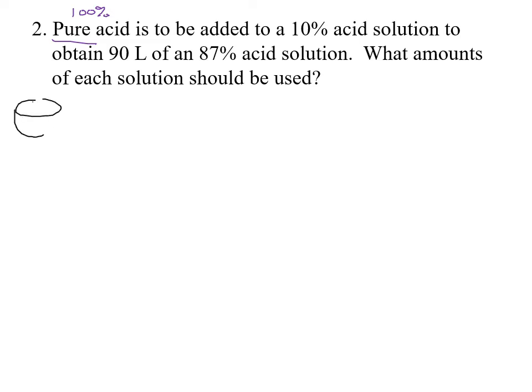We have a tub, and a tub, and that's equal to another little tub. So we have 100%, that's the pure, added to 10% to get an 87%. I don't know how much of the 100 or the 10, but I know there's 90 liters of the 87.